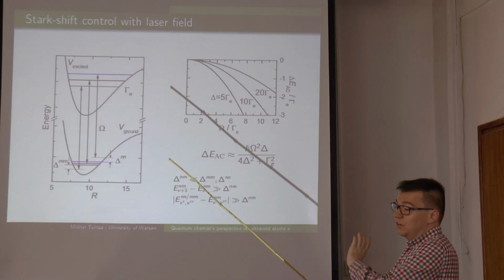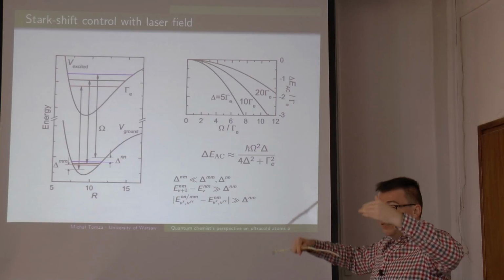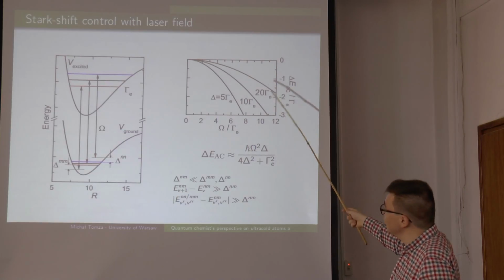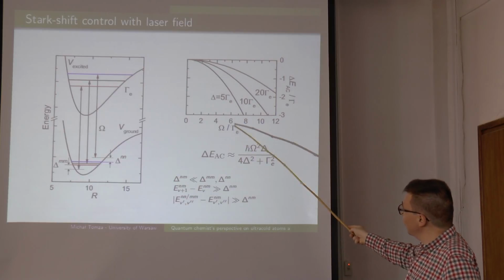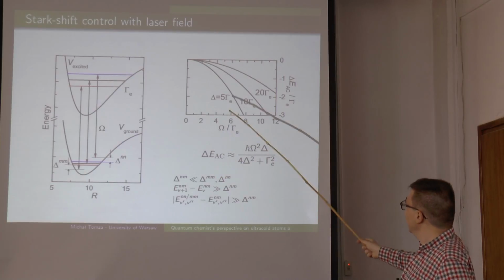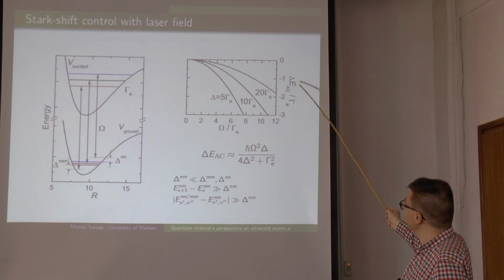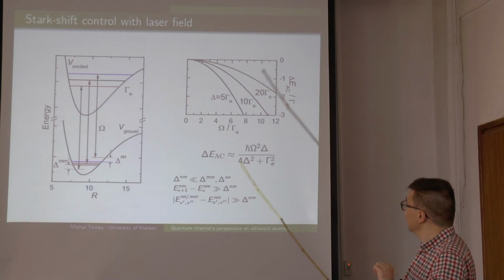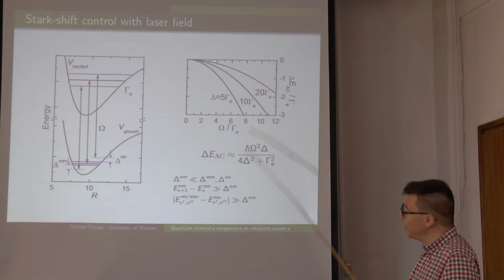Now when we apply this resonant laser for the heteronuclear dimers to have the Stark shift for the reactants and no shift for the products, we can relatively tune the threshold of these products and reactants. This is the Stark shift shown for these heteronuclear dimers, in the language of Rabi frequency and the line width of the transition, and we can see that we can induce the dynamic Stark shift of the order of a few line widths of the transition when we apply a Rabi frequency of the same order.